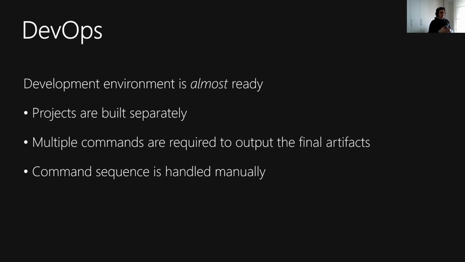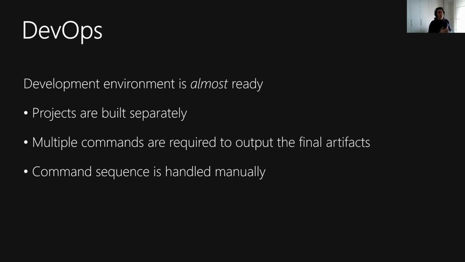But the problem is you are missing out on the dependencies concept. Like you have your sequence of commands, but you don't know that the VS Code extension project depends on something else. You know it because you have probably coded it, but if there is a new developer, it's not immediately obvious that there is a link between projects.